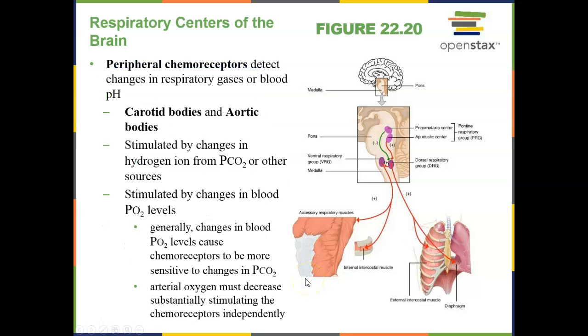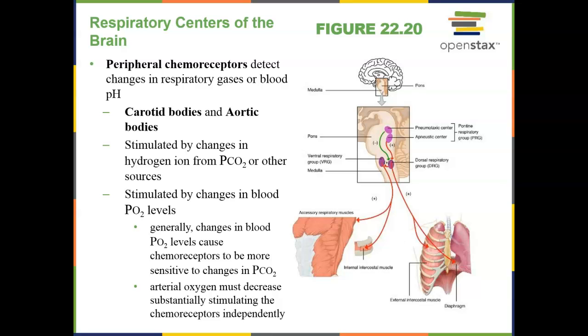We also have peripheral chemoreceptors that are found within our carotid artery and in the aorta. These detect changes in the partial pressure of carbon dioxide directly. So not so much the pH change associated with it, but just the amount of carbon dioxide. They also can detect changes in the partial pressure of oxygen.